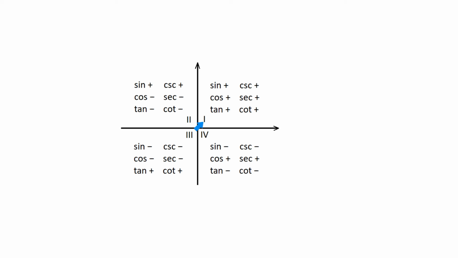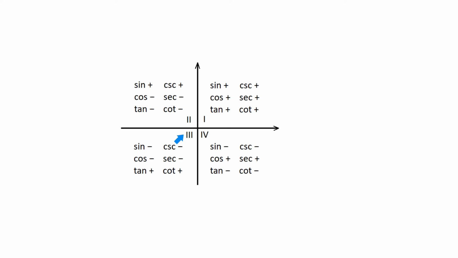In quadrant 1, where both x and y are positive, all 6 trigonometric functions are positive. In quadrant 2, x is negative and y is positive, therefore sine and cosecant are positive, but cosine, secant, tangent and cotangent are negative.